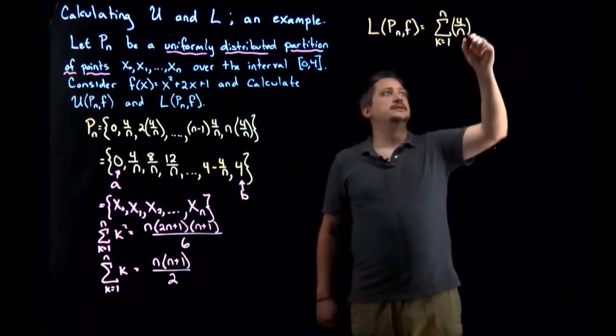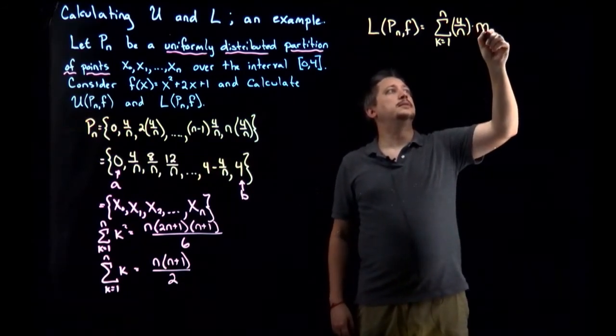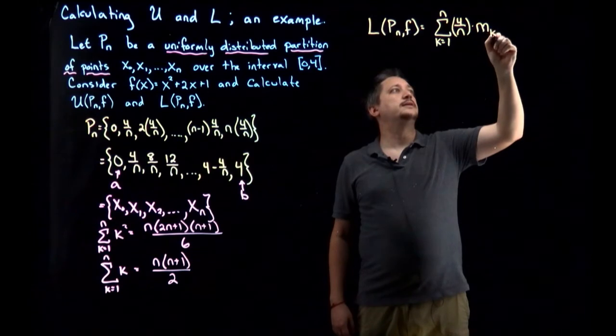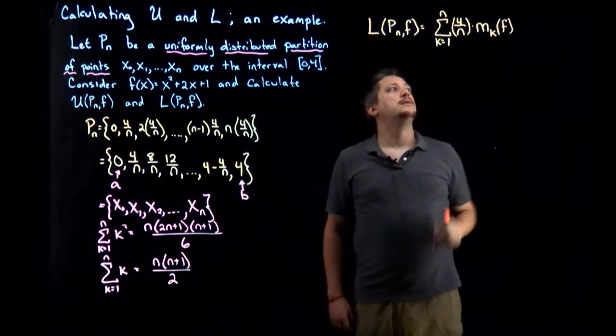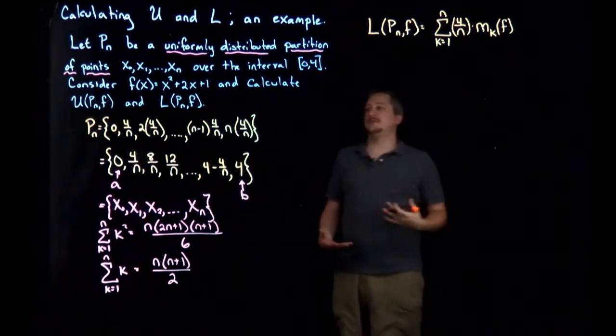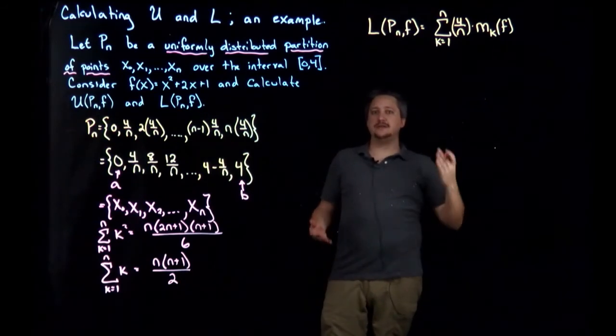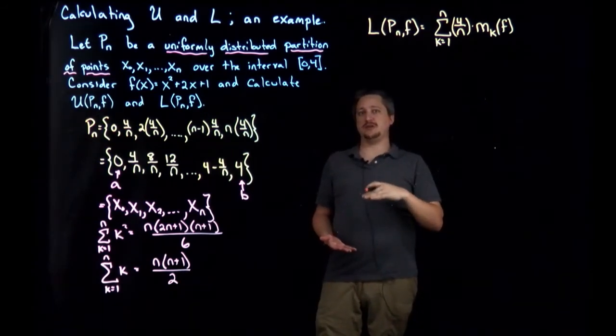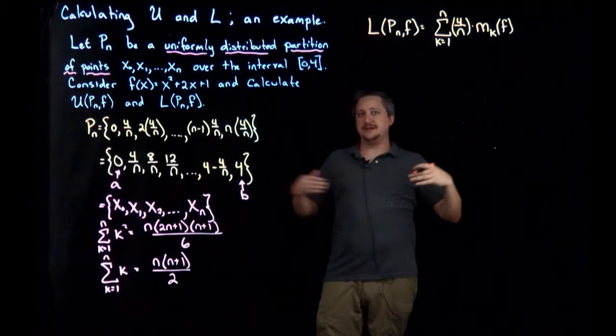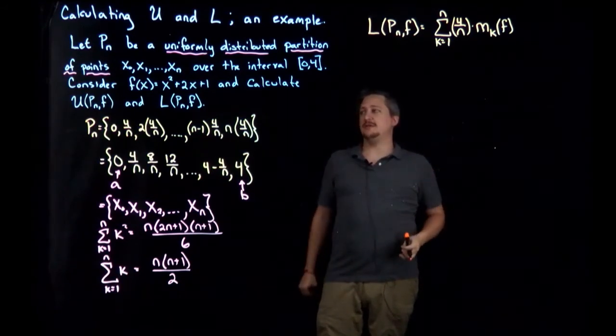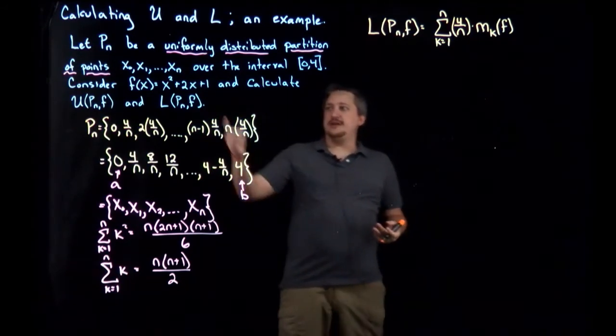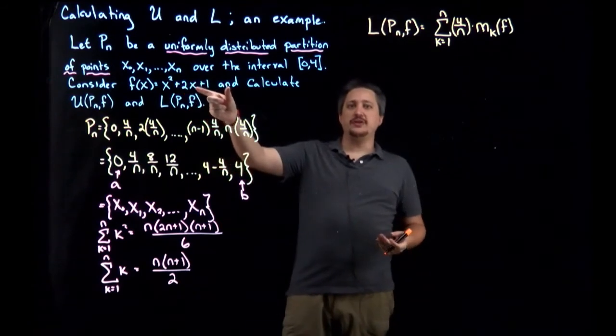But now we have the little m sub k of f. And remember, the little m sub k, that is the smallest y value that we can use, right? It's the min on that rectangle. But again, because this was, as we saw before, a strictly increasing function, the max is on the right.